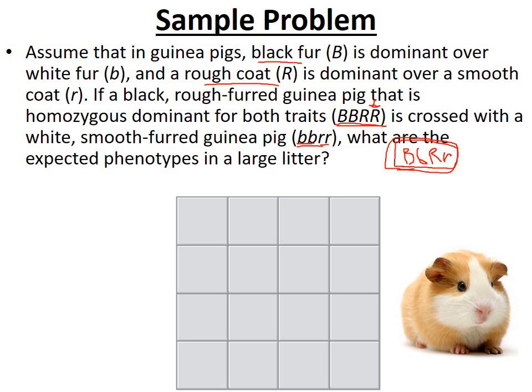So within a sentence or two, you explained that your entire litter will have to be black and rough coat because the only allele this parent can give is big B, and this parent can give little b, and this parent little r. So by understanding the concept, you can save yourself time in multiple choice and even those short answer, long answer questions where I don't necessarily ask you to use a Punnett square. You will have to know how to do the Punnett square, but I want you to understand the concept more.